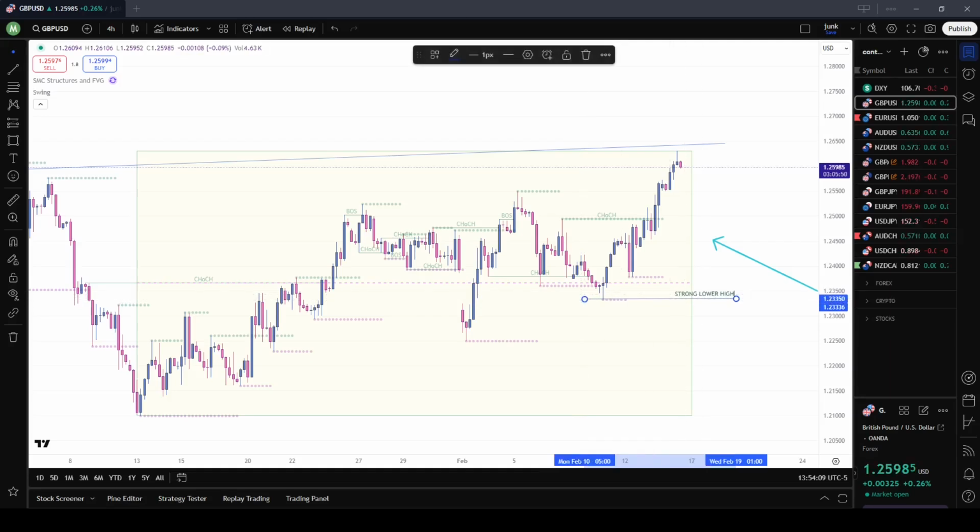This is now the strong higher low, that if this is broken, then I consider this back bearish.